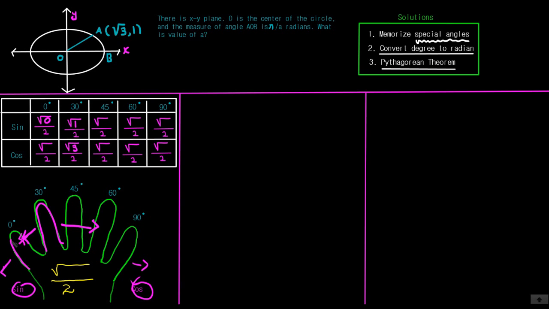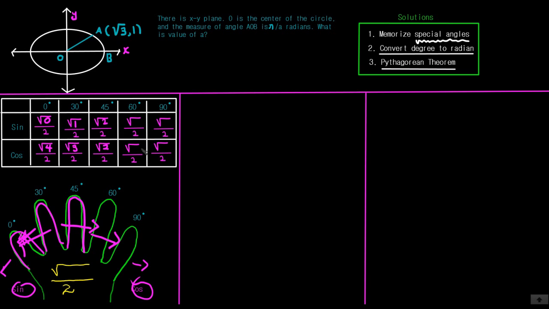When it is 0, 4 of them are left, so we can put 4 inside the square root. And for 45 degrees, on the right there are 2 left, and on the left there are 2 left. So the sine and cosine values of 45 degrees are going to be the same, square root of 2 over 2.